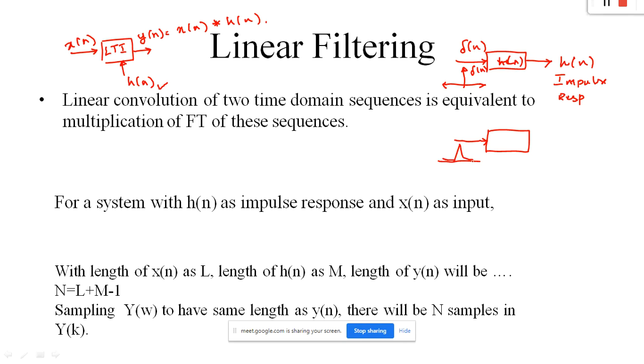Normally I expect some regular input to my system, but if there exists a sudden change for a small duration, practically I take the input as an impulse, and how my system behaves is what we call the impulse response.